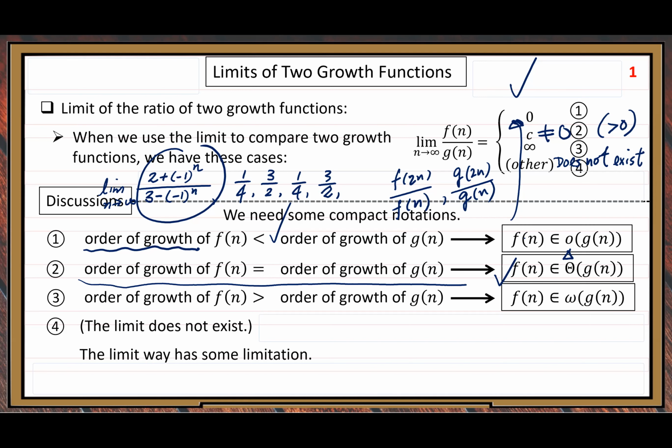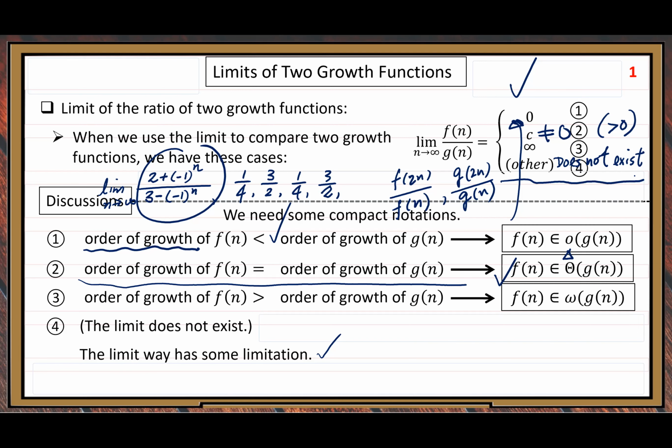From our discussion at this point, you can already see the limit way has some limitation. Because for case two, sometimes the limit does not exist, but we still have case two. How can you get that? Think about that. The limit does not exist, that means it's case four.